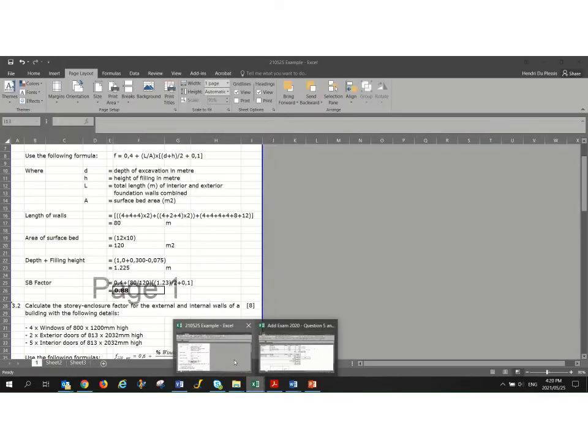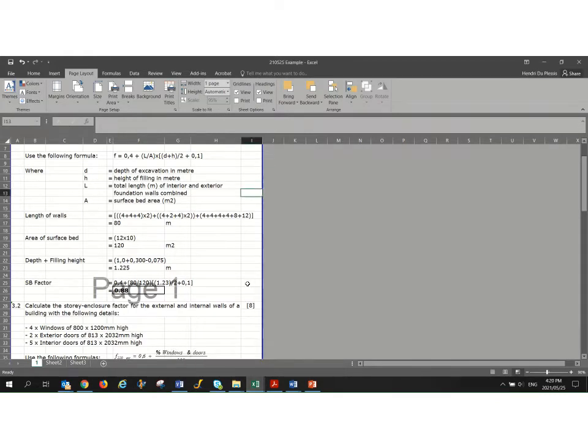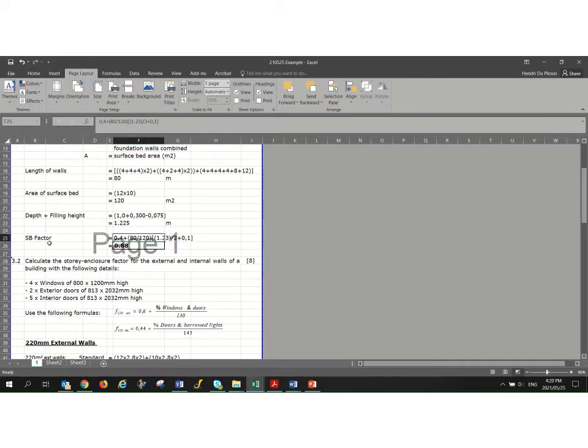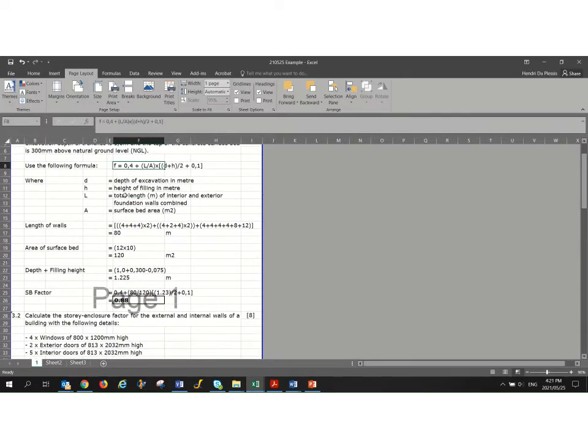Okay, so getting back to the example, we now calculated our depth and filling height. So it's 1.225, so you can round it to 1.23, and then you calculate your factor by just populating your formula.